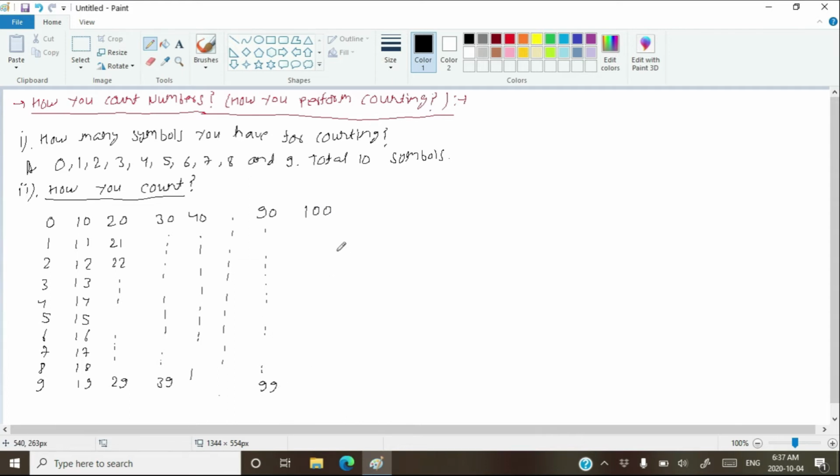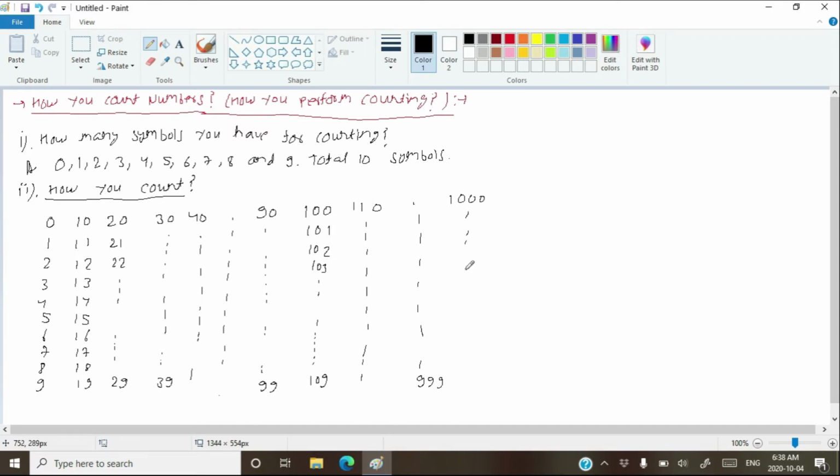After 99, you have 100. Then you continue counting like 101, 102, 103, and then 109. Then you start from 110 and go on like this. When you reach 999, you increase the number of digits and make it 1000.